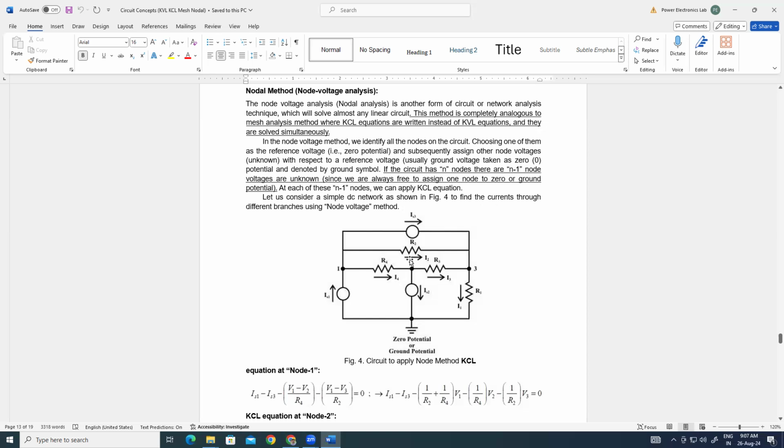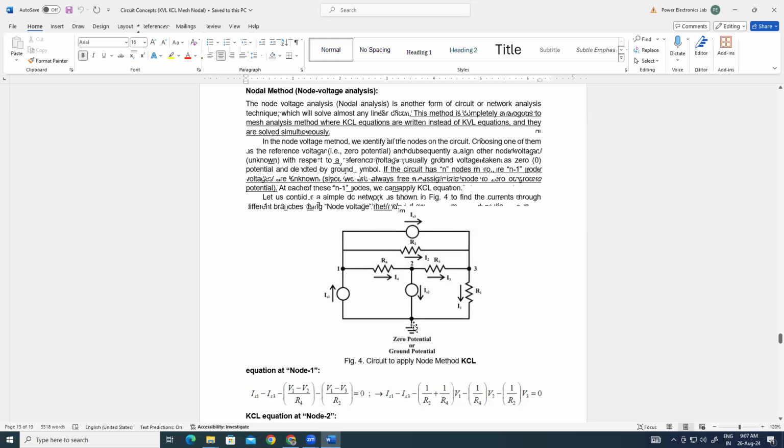At this node, 1, 2, and 3 branches are connected. At this node also, 1, 2, and 3 branches are connected.